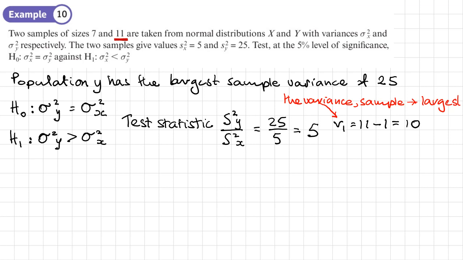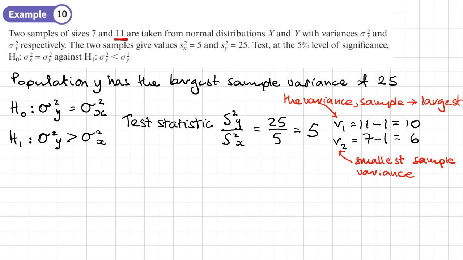That's always going to be my first degree of freedom. Then my second degree of freedom is going to be from the population that has the smaller variance, and that is the first population X. So that's going to be 7 minus 1, which is 6.